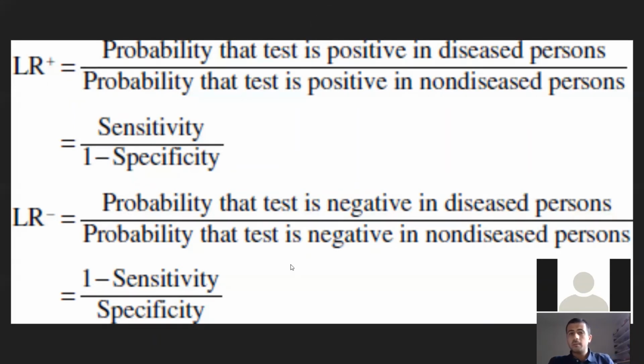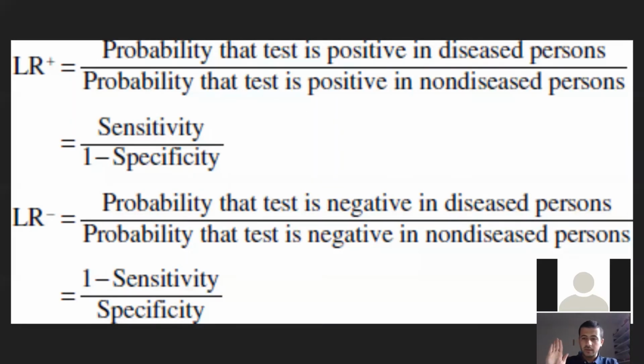Why? Because I use the positive likelihood ratio for a positive test, and I use the negative likelihood ratio for a negative test. So when you have a positive result, I tell you the positive likelihood ratio. It makes no sense to give you the negative likelihood ratio. It is not relevant to your result.